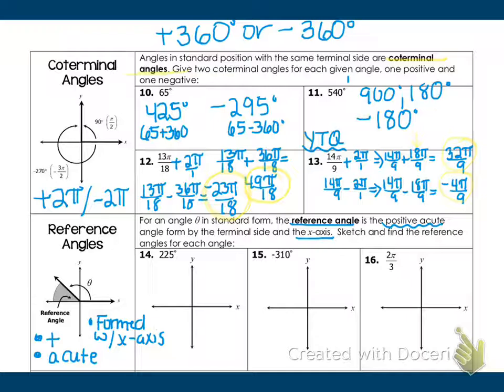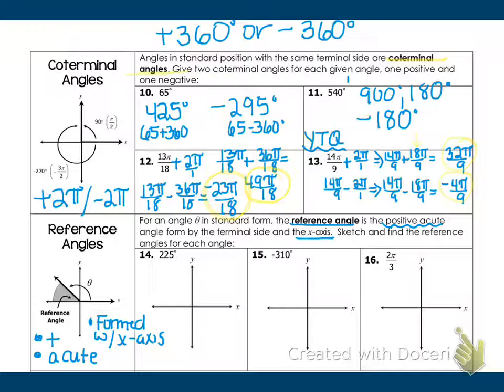So when you're trying to find a reference angle, I think the best process is to actually sketch that graph. If they don't give you a coordinate plane, just sketch your own little coordinate plane like we have here and sketch the angle, so you can figure out which quadrant you're in to begin with. So 225 degrees.